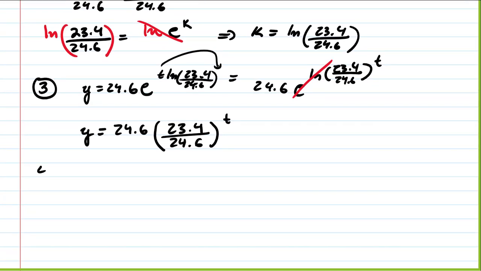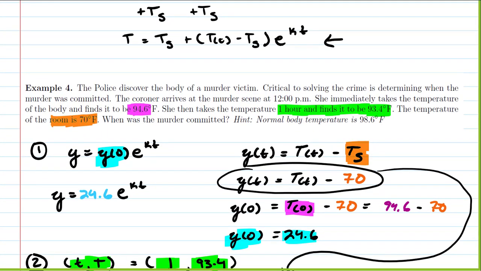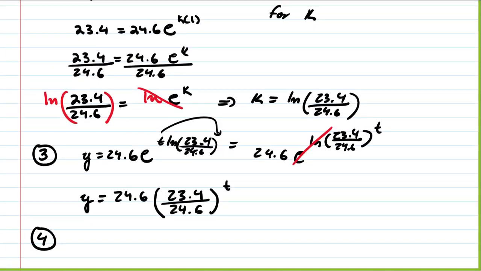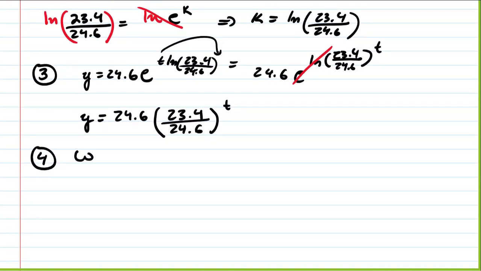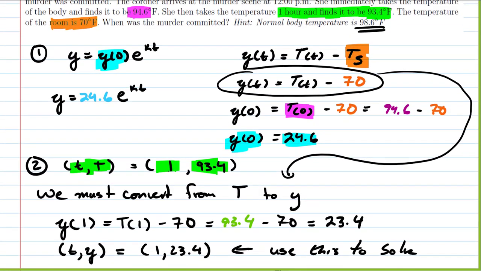And finally, step 4 says, when was the murder committed? And then it gives us the hint, 98.6. So we want little t, sorry, when big T equals 98.6. But we have a bit of a problem. The equation we have doesn't have big T. What does it have in it? y.